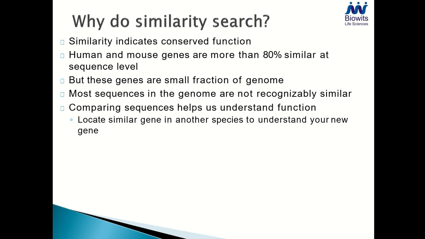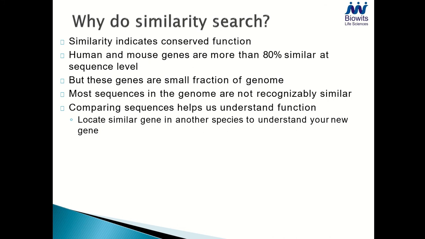Second, human and mouse genes are more than 80% similar at sequence level. Kaya po ginagamit natin sa laboratory ang mouse kasi 80% ng genes ng mouse ay kapareho. There is resemblance to humans.